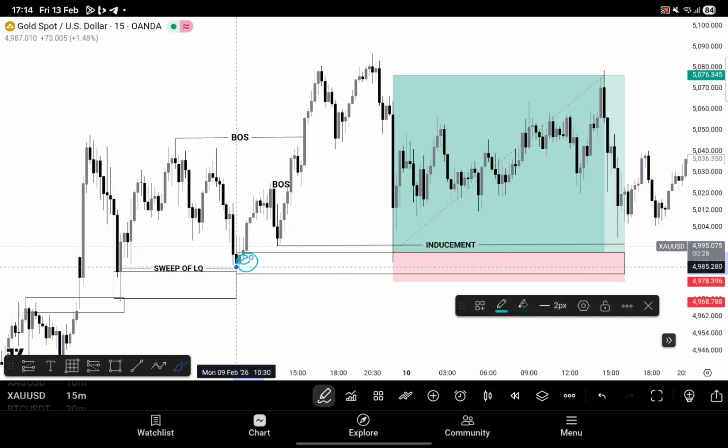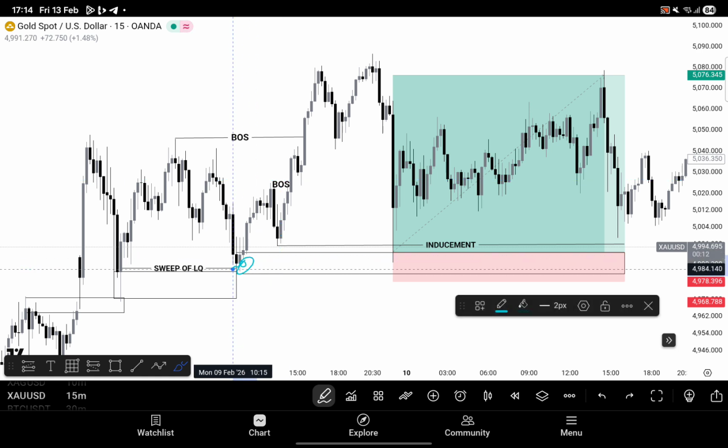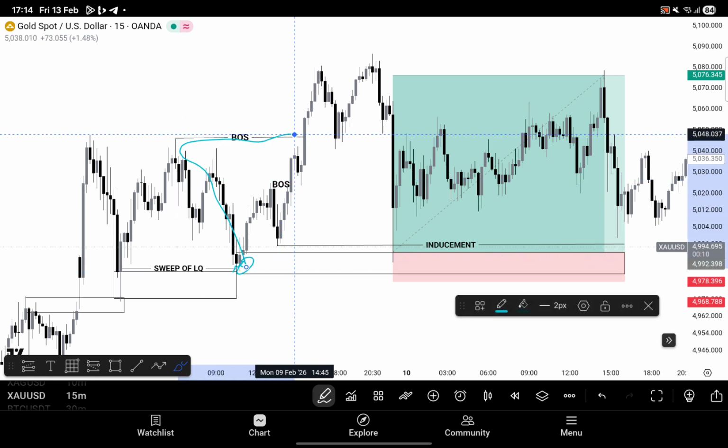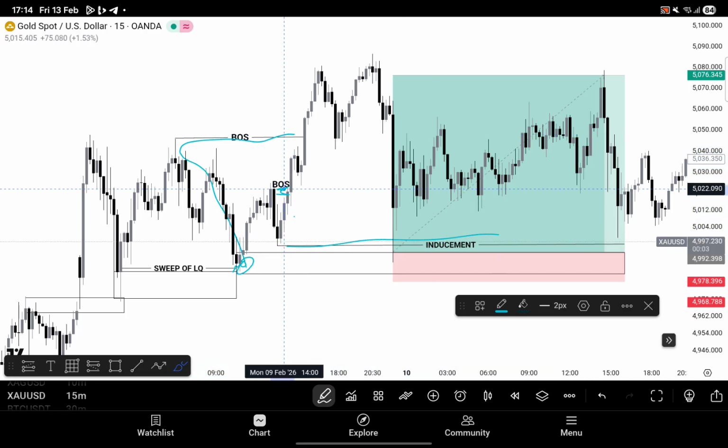A bullish order block is the last sell candle before the impulse buy, the last sell candle that leads to the buy. You can see that actually happened. Here is my order block, and you can see that block broke structure, a break of structure. We have an inducement over here, the internal break of structure, and these strong lows serve as liquidity for us.